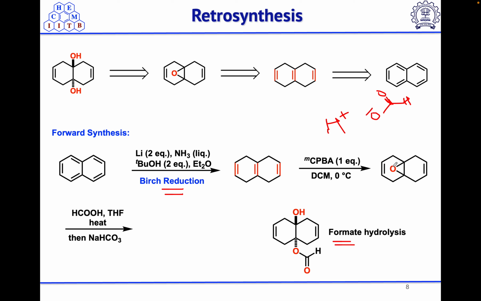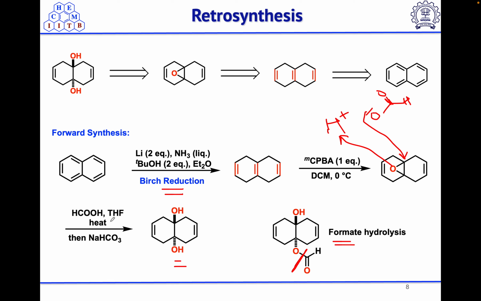First this oxygen will catch this H plus, and this O minus will add to the epoxide carbon. So basically you will get this OH and OCHO formate. Now in sodium bicarbonate workup conditions, the hydrolysis of this formate will happen and you will get the OH here. So this is the mechanism.